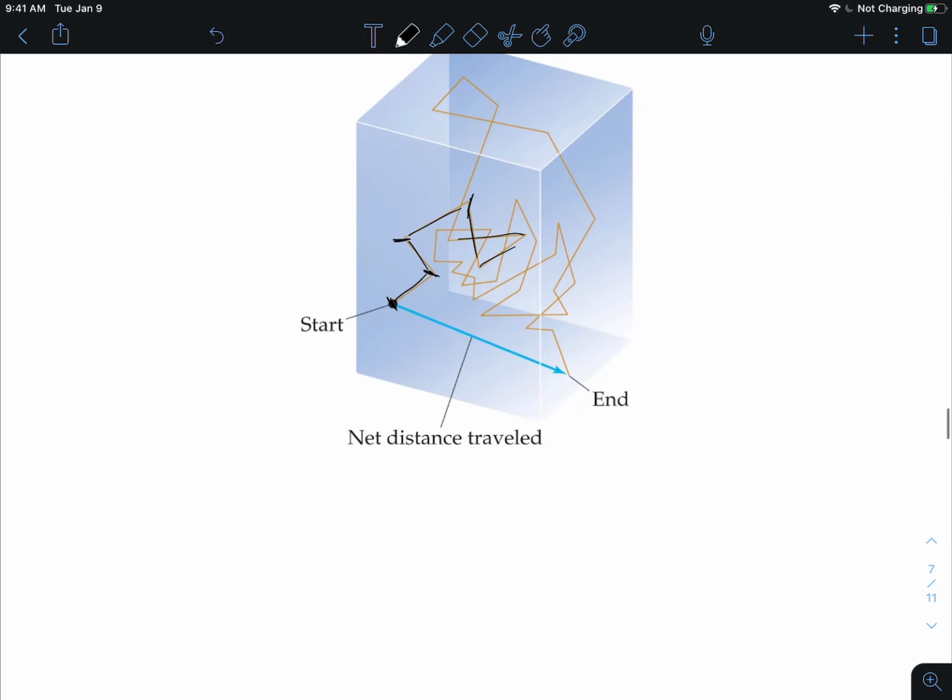So lower pressure is going to result in a lower amount of collisions, and it's going to result in a longer mean free path. So lower pressure, less collisions, longer mean free path.